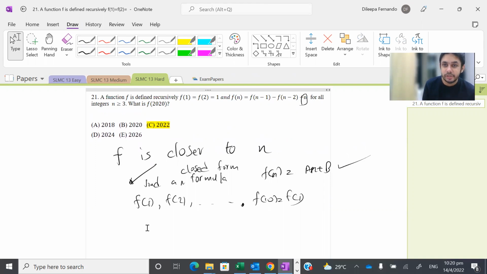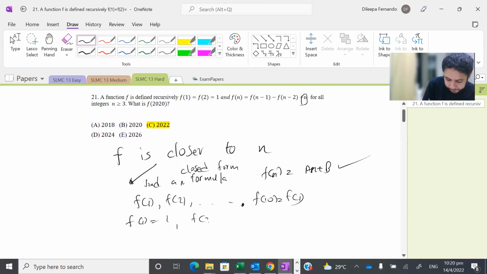That is what you will observe when you write f1 equals 1, f2 equals 1, f3 equals 3, and so on. When you write a few terms, you will see that this is not periodic. It's not periodic, but we can still have hope.